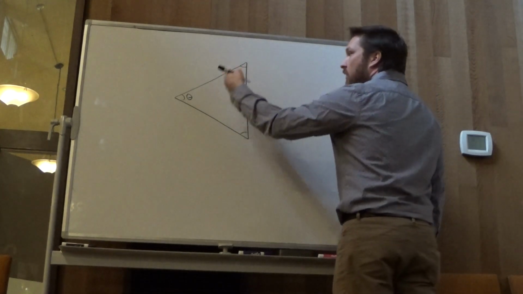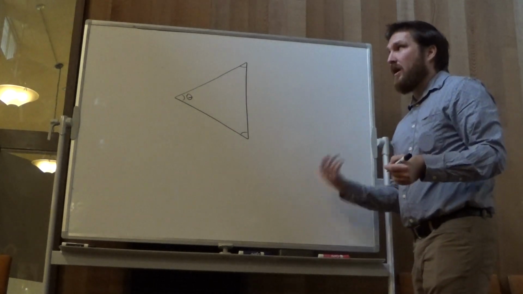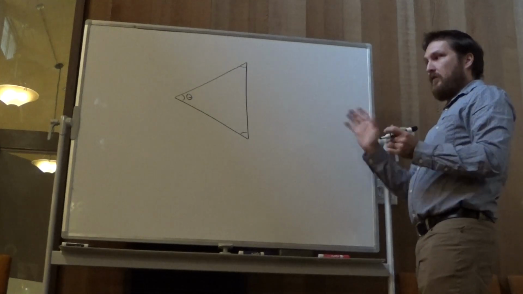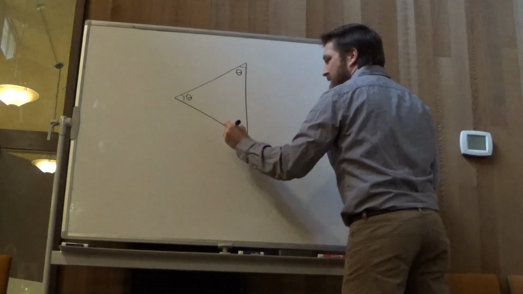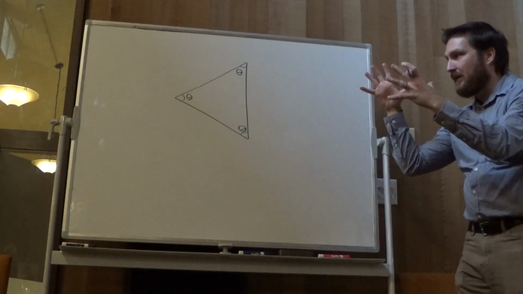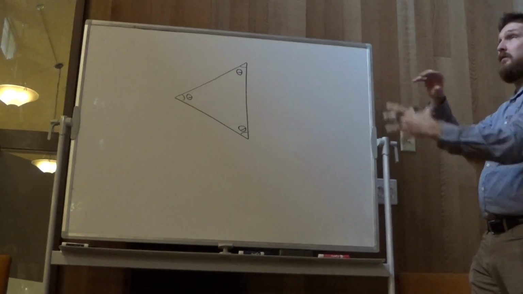And we know that, and maybe you saw this proved in geometry, maybe not, but it's kind of intuitive that if all of the sides are equal length, then all the angles have to be equal too. Because again, this is all planar geometry. It's on a plane. We're not bending anything.